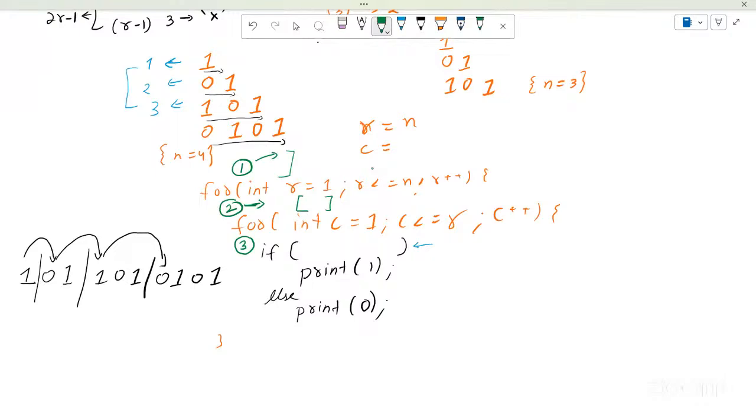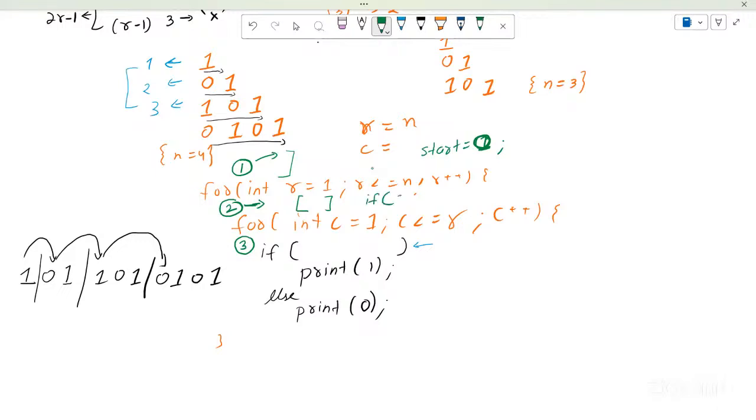So can I say that I can initialize start value to 1, or let's say I can initialize start value to 0, and over here I can write down a logic.